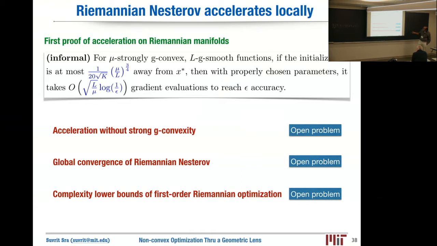Of course, all Euclidean bounds also apply here, but we want to say how curvature comes in. Those are the main open questions for understanding first order Riemannian optimization. I'm out of time to talk about the other open problems in the area, so I will stop here. Thanks.